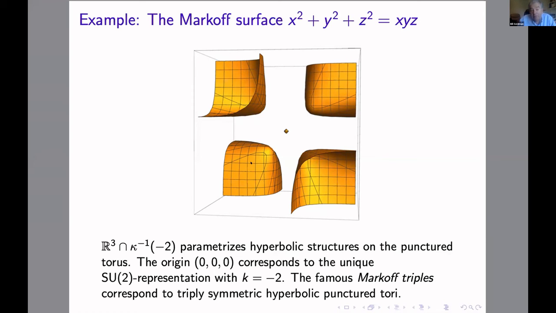The reason you have four components is that these are now representations into SL2 rather than PSL2, and you have four different lifts. The Markov equation, which I wrote at the top, corresponds to hyperbolic structures on the once punctured torus that have special triple symmetry.